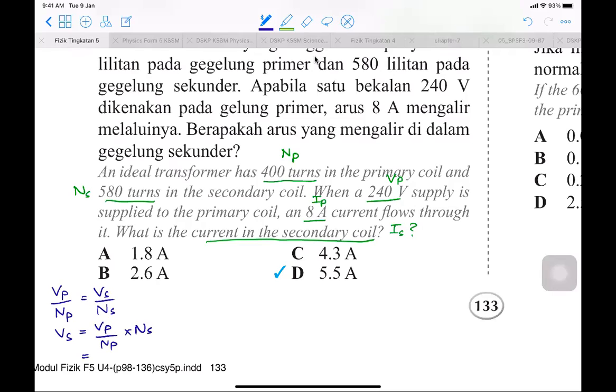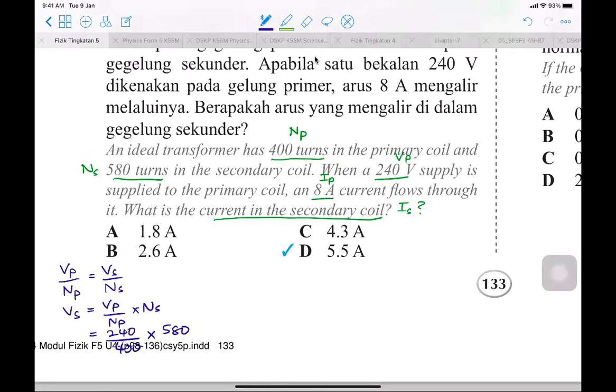Okay, substitute into the equation. VP is 240, NP is 400 times with NS 580. Jadi dia punya apa tuh? VS you should get 348 volt.